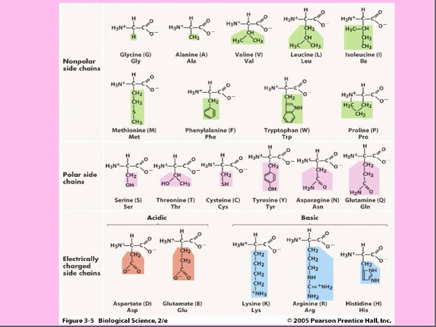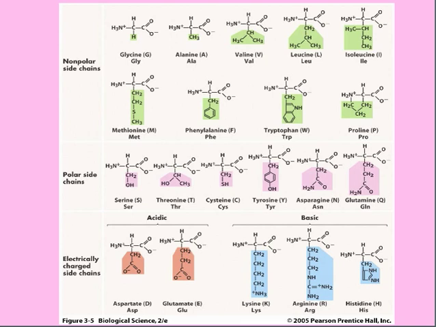So here is a chart showing the 20 amino acids. Again, the simplest one, just a hydrogen in the upper left there, that's glycine. And notice that this chart divides them up based on their side chains. The side chains are what makes up the R group.